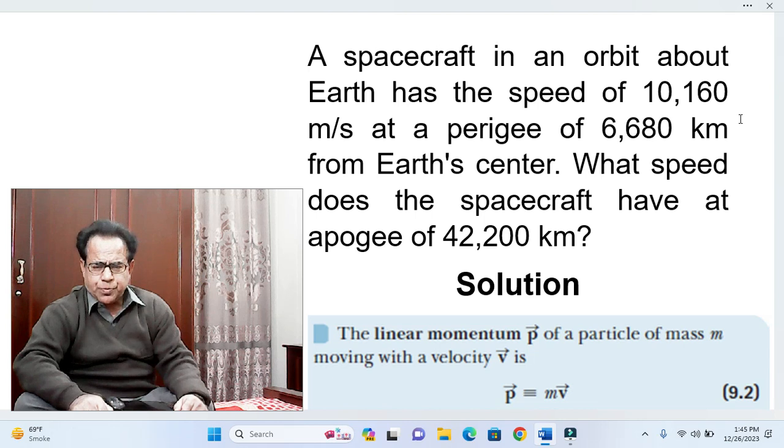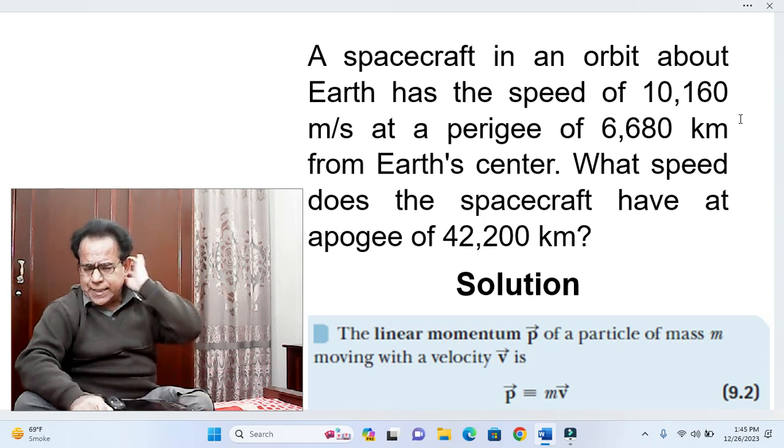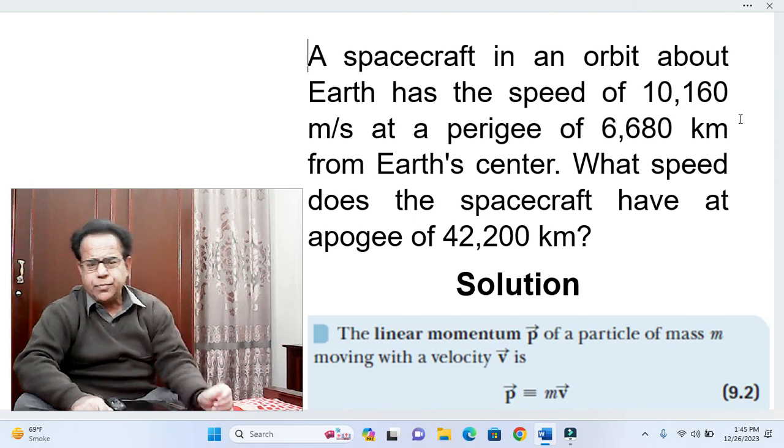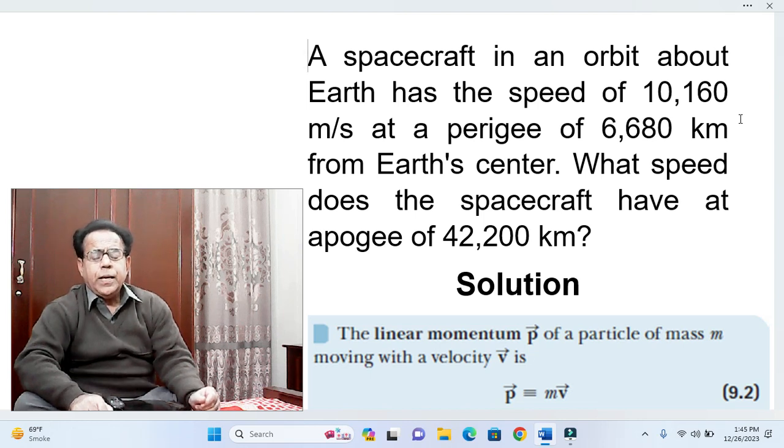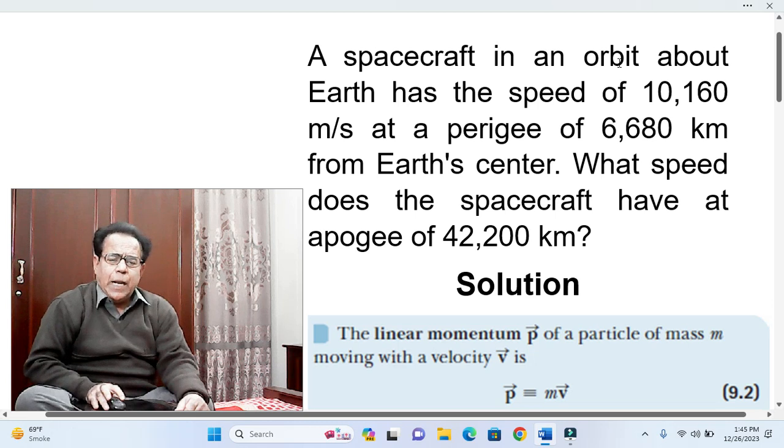Actually, in this case we will have to convert kilometers into meters, so that speed will be in meters per second. Actually, here conservation of angular momentum is the key concept which helps us in solving this problem.